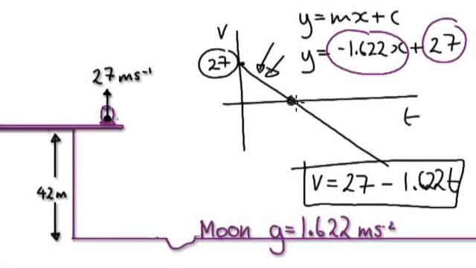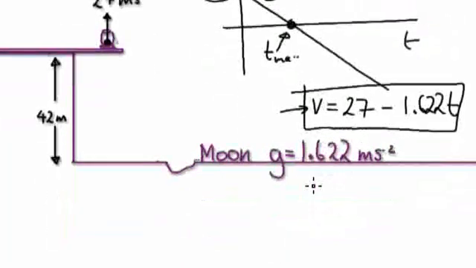Okay. Now we need to find out T max, the time it takes to get to the maximum height. The thing we know about T max is that when it gets to its maximum height, the velocity here will be 0. So let's put 0 into the v here.